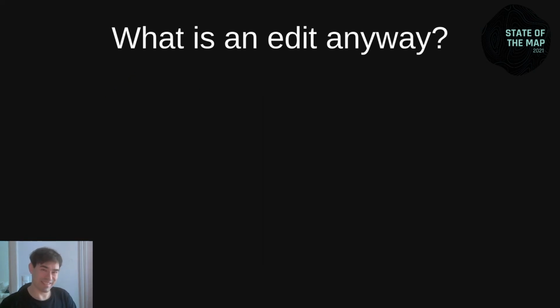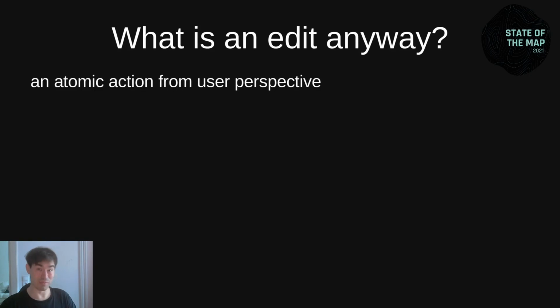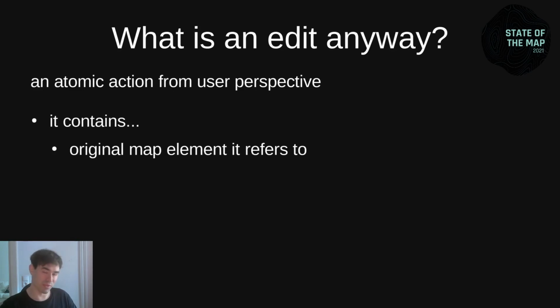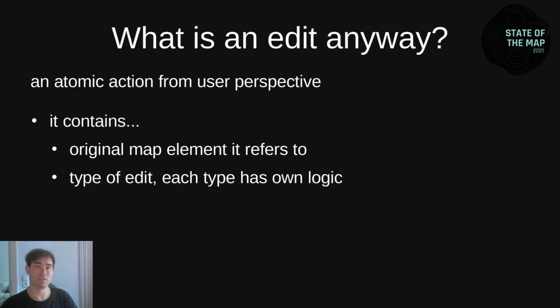So yeah, an edit is an atomic action from the user perspective, not from the technical perspective. This is a big difference. I will explain this on the next slide, but now, first, what is an edit? It contains the original map element that it refers to for conflict checking, to see if something big happened so that the edit should not be applied. Then also the type of edit.